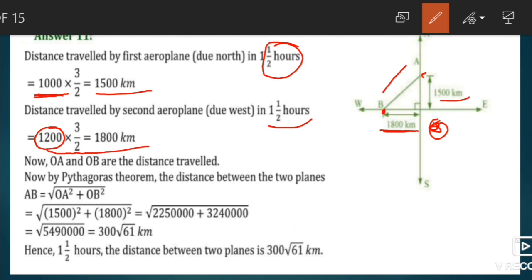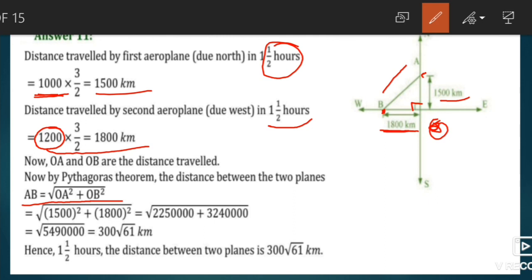As you can see, this AOB triangle is a right angle triangle, right? That means I can use the Pythagoras theorem and say that AB square is equal to AO square plus OB square. So AB is equal to the root of AO square plus OB square.